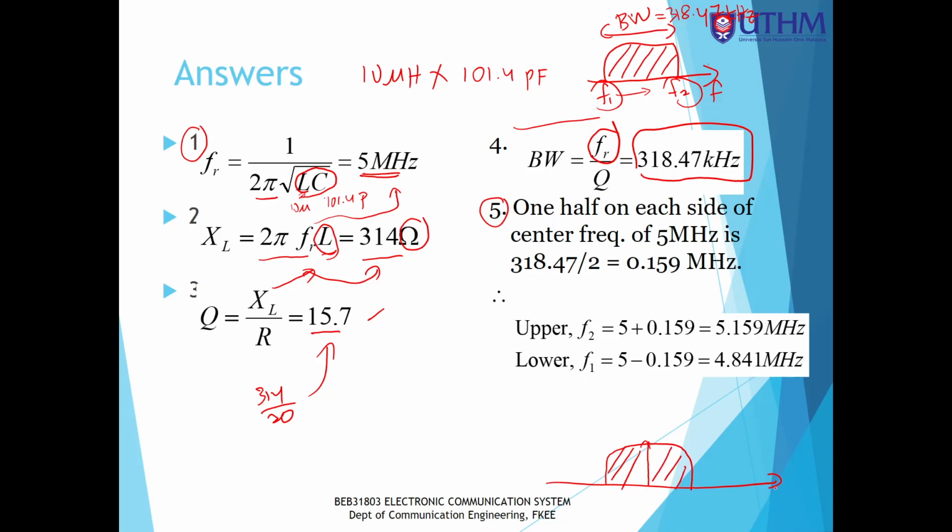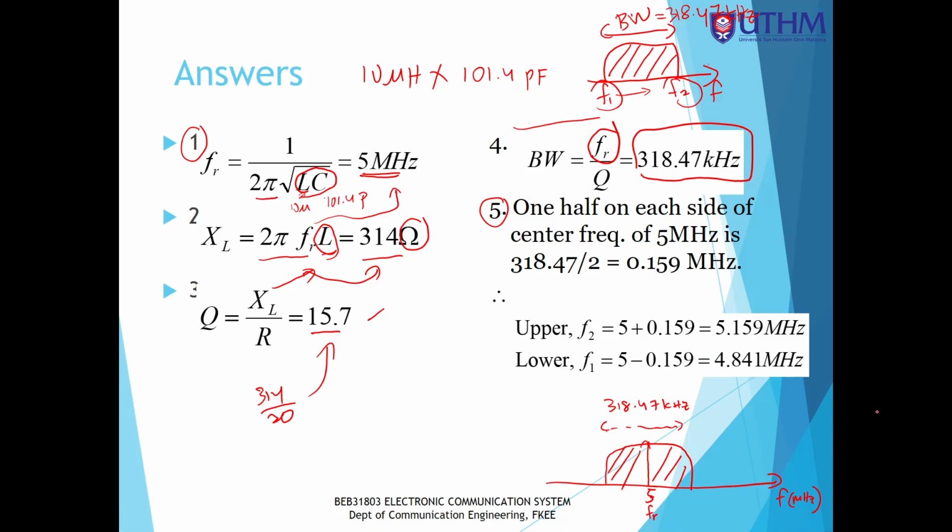Okay, so this is F. Let's say this is mega. Okay, so resonant frequency over here, FR. Okay, and we already know that the distance here is the bandwidth. We already know the bandwidth is 318.47 kilohertz.